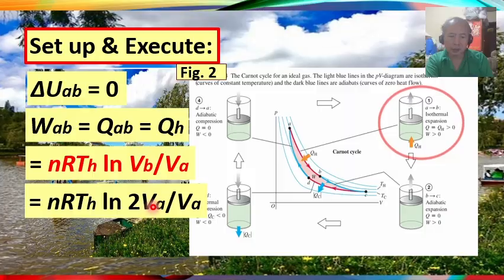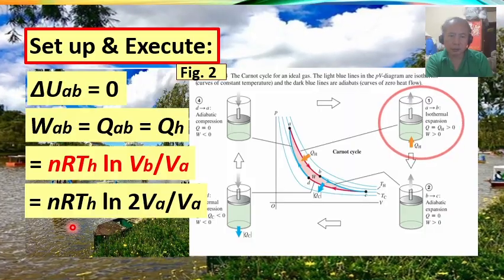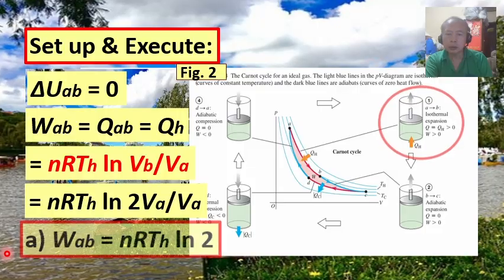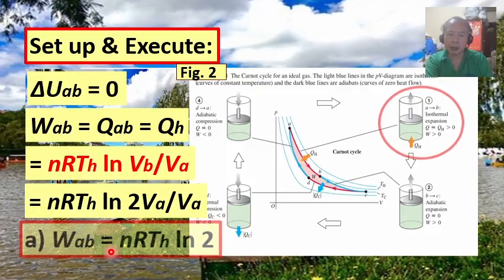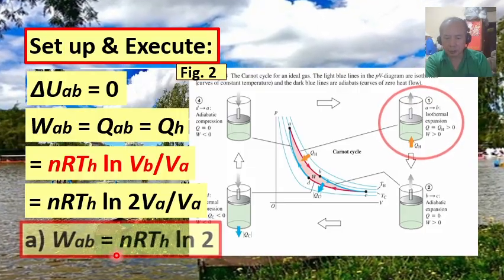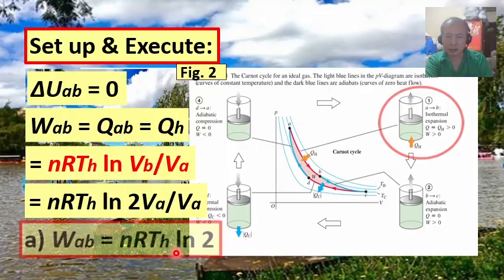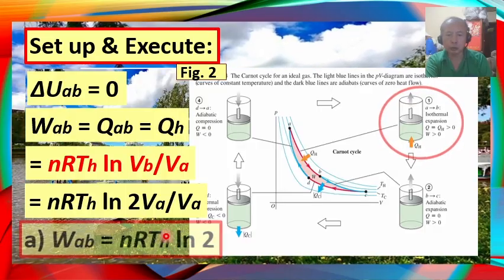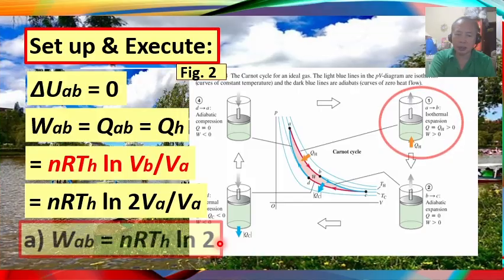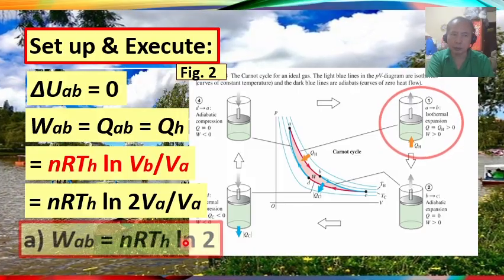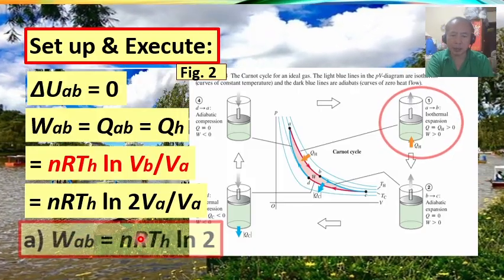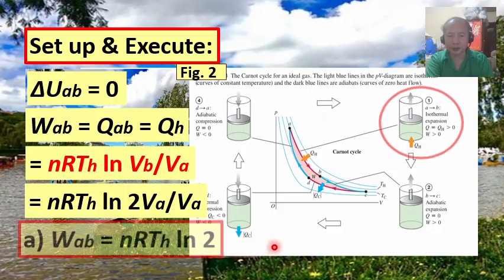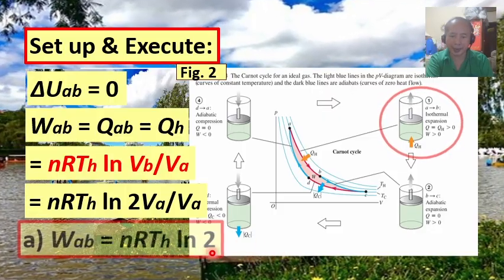And this equation will be simplified to work W sub AB equals small n times big R times TH multiplied by the natural log of the number 2. So this is the amount of work W sub AB, right? The required answer to the question in part A.